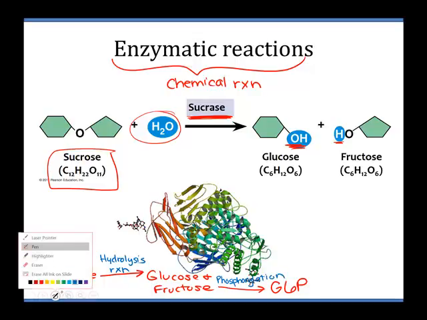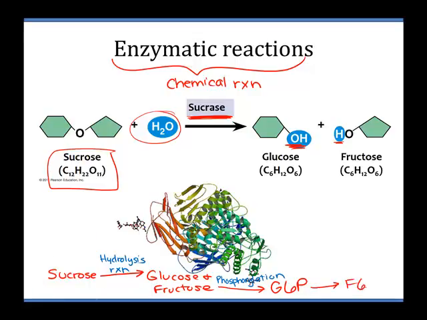And we're going to take this G6P and convert it into fructose 6-phosphate through yet another type of chemical reaction, an isomerization. So all these chemical reactions are in a pathway. They are in a catabolic pathway. I'm writing over my enzyme here. A catabolic pathway.